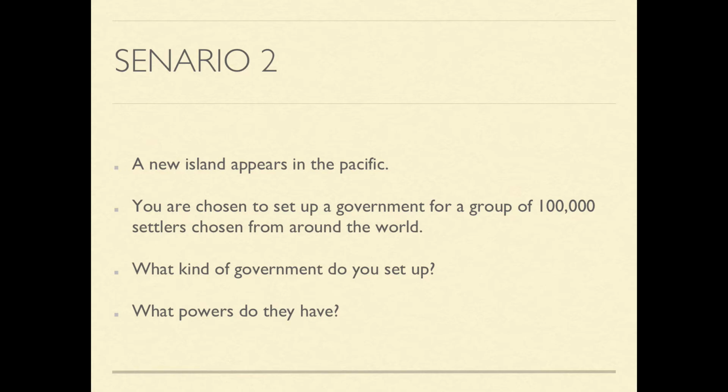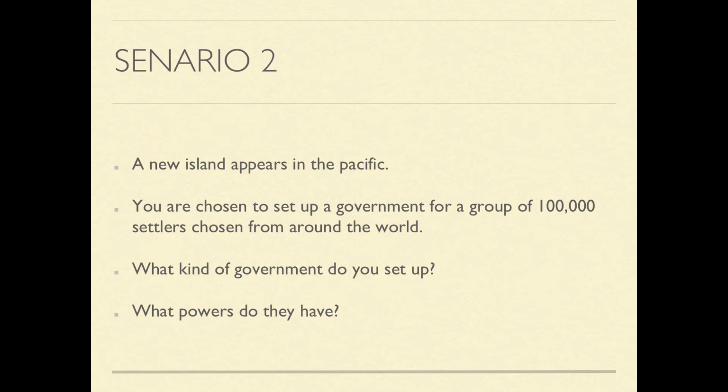Now, assuming this 100,000 was somewhat representative of the world population, it would be primarily South Asia, right? We'd see Chinese, Indian, different large representation from people in that region of the world. We'd see a large representation from people in Africa.